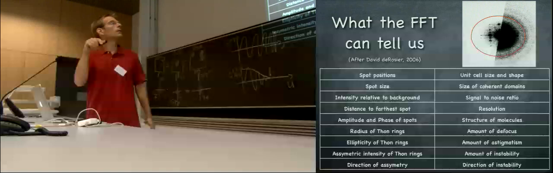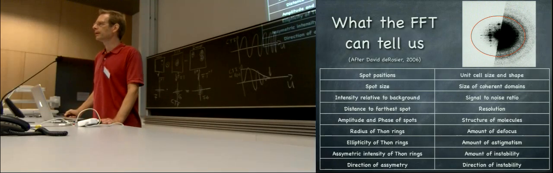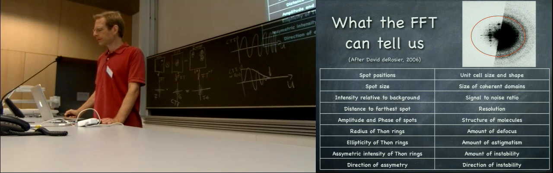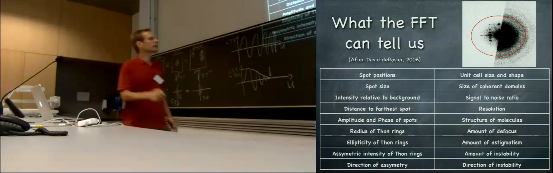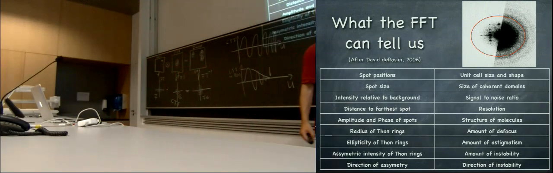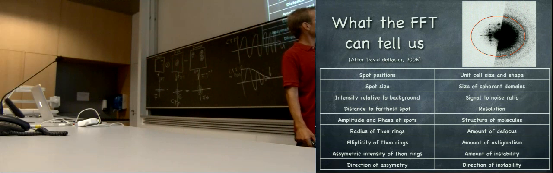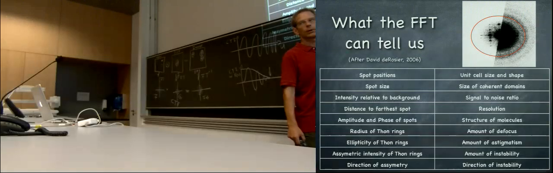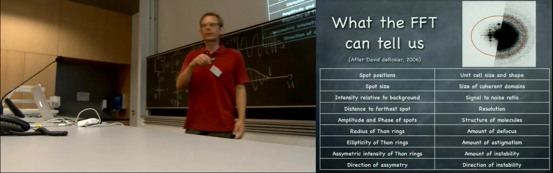The intensity in all the spots divided by the intensity of all the background pixels. That's the signal to noise ratio in your dataset. But in the MRC software, instead of doing this, Richard Henderson just divides by the CTF, and when this gets too close to 0, then it just cuts it off at a constant value.